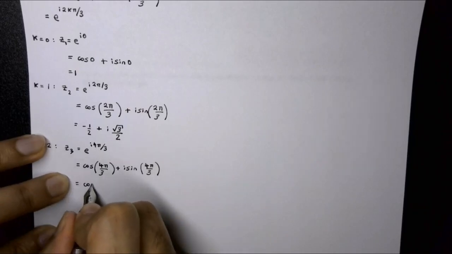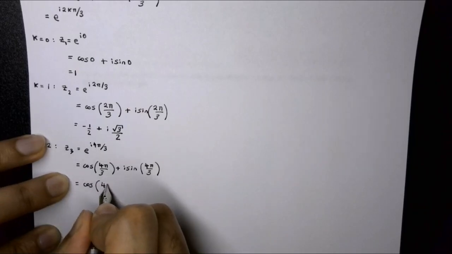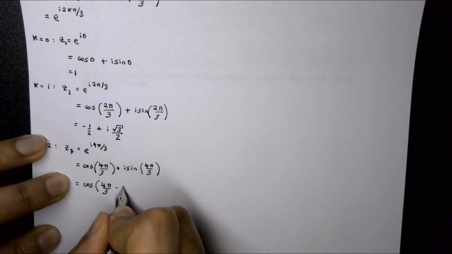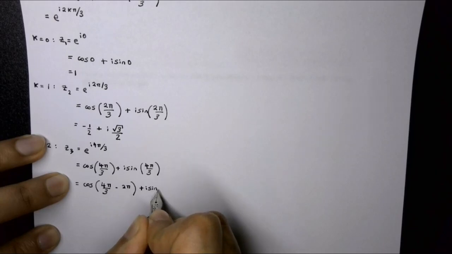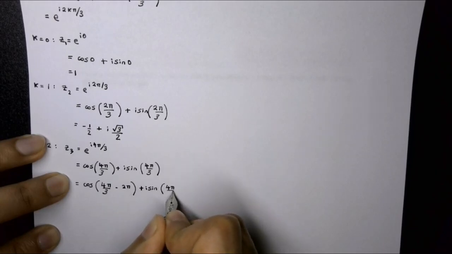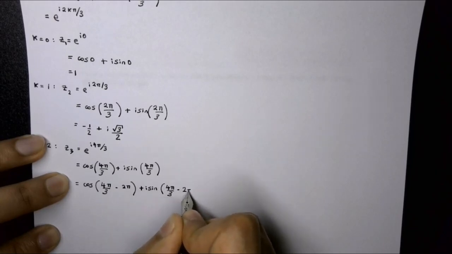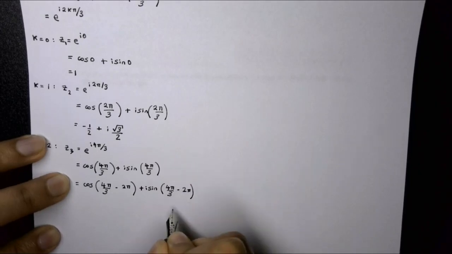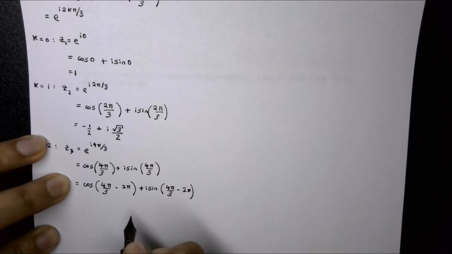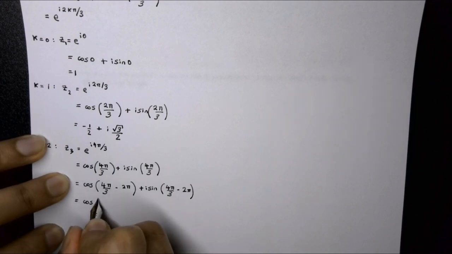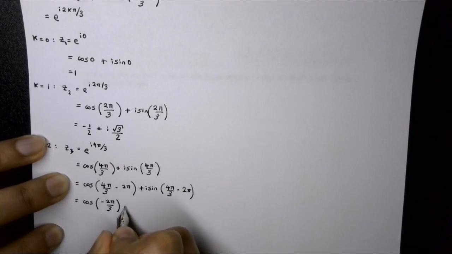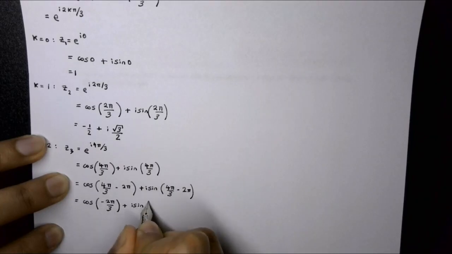So we've got the cosine of 4π/3 minus 2π plus i sine of 4π/3 minus 2π. So if we tidy all of this up, you can see we've got the cosine of minus 2π/3 plus i sine of minus 2π/3.